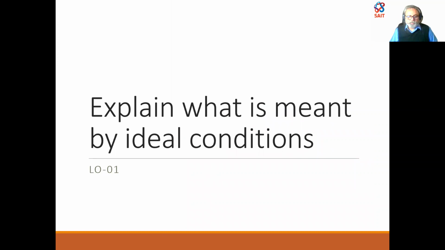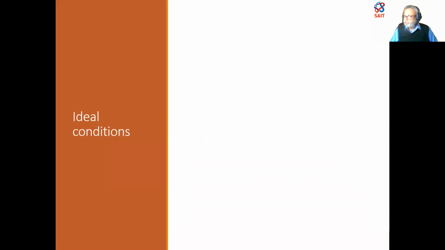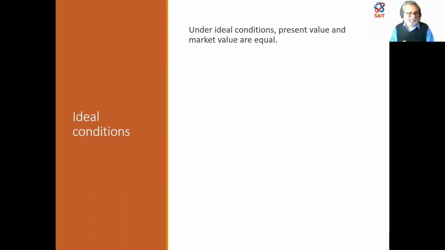So start out with what is meant by ideal conditions. So ideal conditions are said to exist when market value of an asset equals the present value of all future cash flows. You've learned of present value in your finance course, or in the intermediate accounting courses, you've learned how to calculate PV.